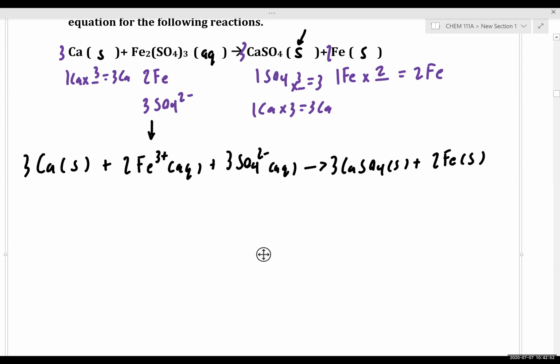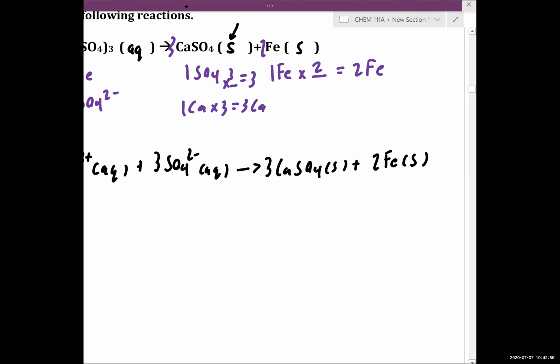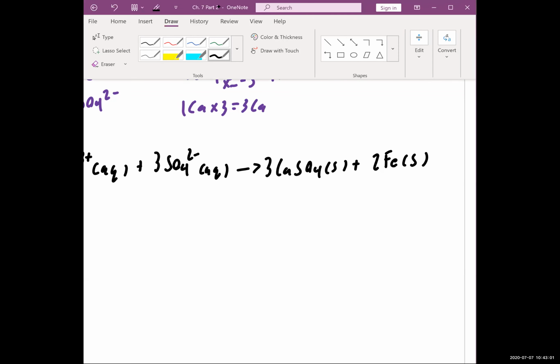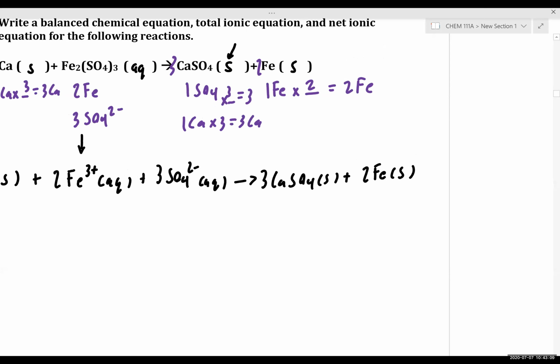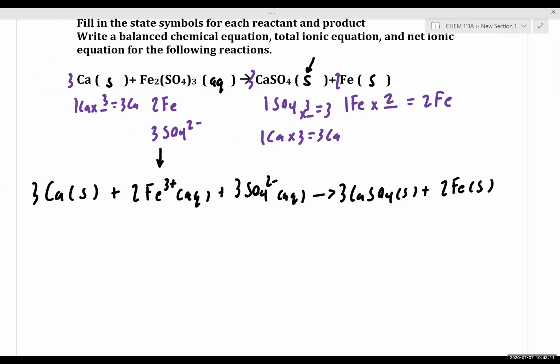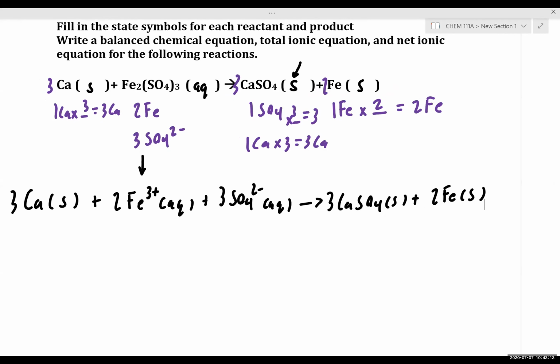Okay, now this question is explicitly designed to test one principle. Looking at this equation, are there any spectator ions?